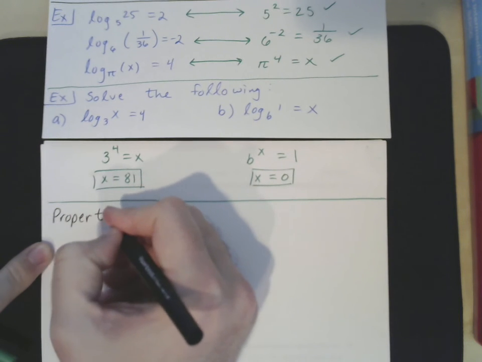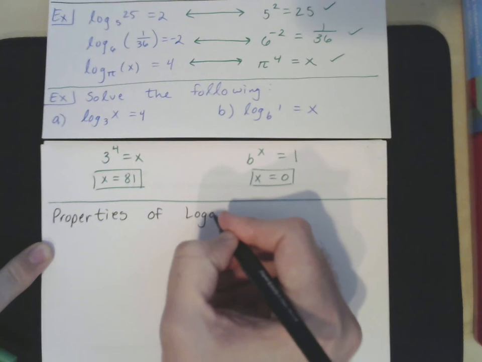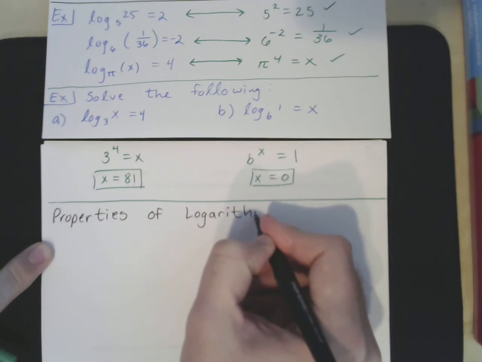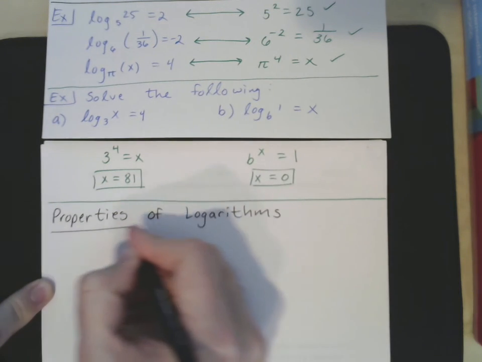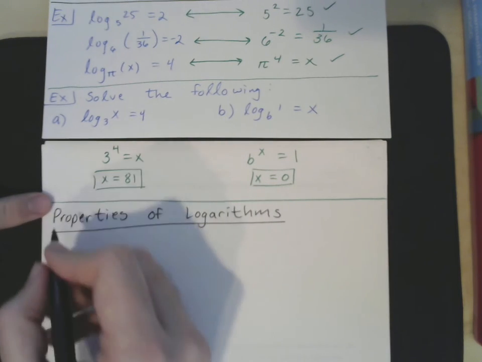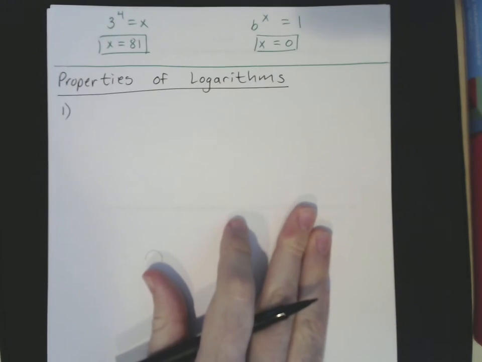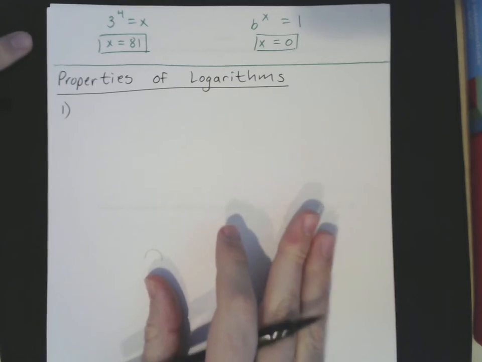Properties of logarithms. Actually, I have 5 right now. So we're going to add a couple more to these rules in the next section. But for now, these will help us in this section, just focusing on logarithms.